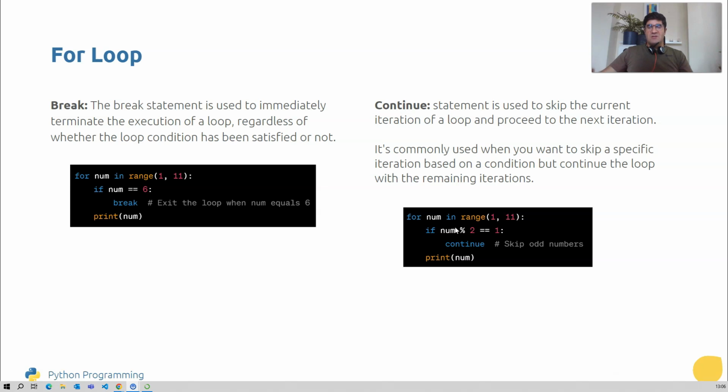But if the number is even, the remainder will be 0, and this if statement will not be satisfied, so we will print the number. In fact, this prints numbers 2, 4, 6, 8, and 10, which are even numbers.